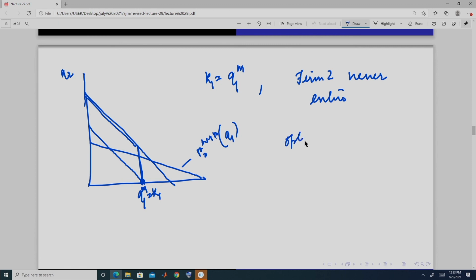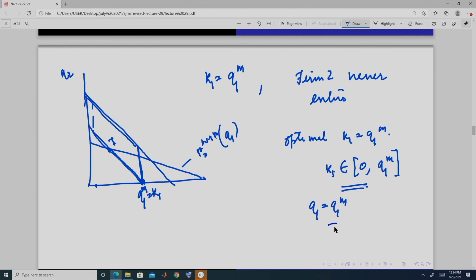So, optimal K1 is this, or even if it is anything, it will never matter, because if suppose the K is this, the reaction function is this, so this point is T, its profit is negative, so it is not profitable to enter. So, you can write K1 can lie between 0 and this, and the outcome is this, and farm 2 never enters.